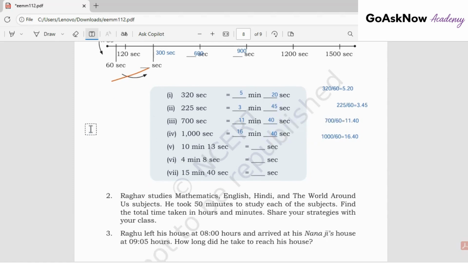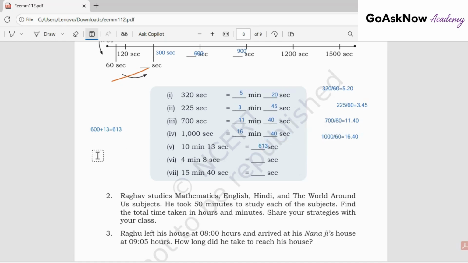Okay, now 10 minutes 13 seconds is equal to 10 into 60, which is equal to 600 plus 13 seconds is equal to 613 seconds. The answer is 613 seconds.